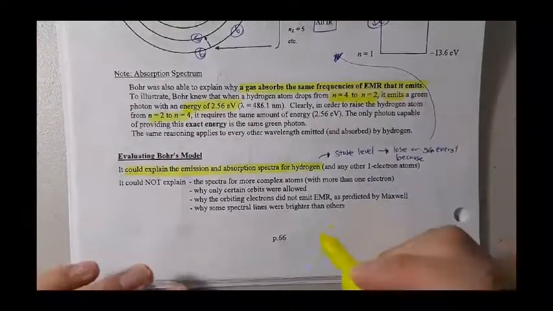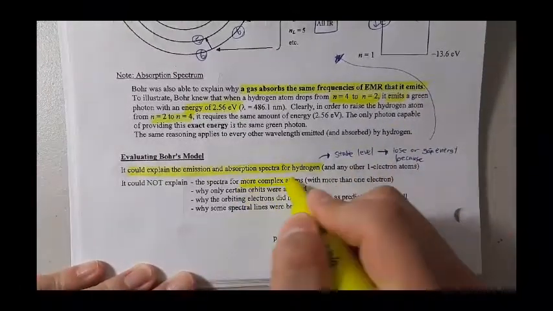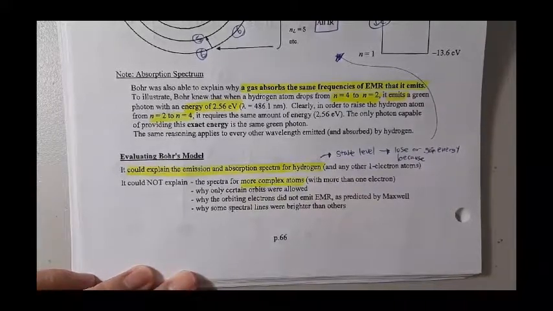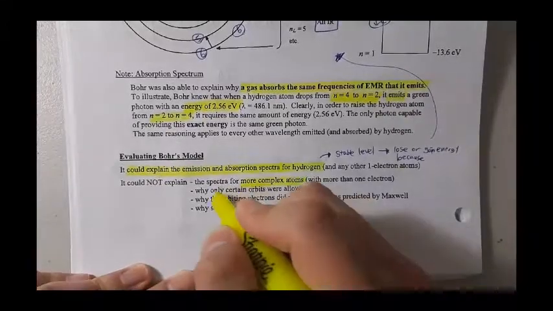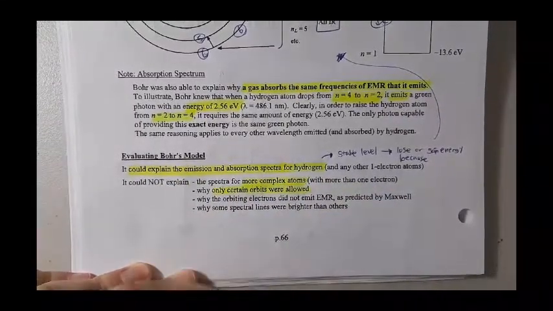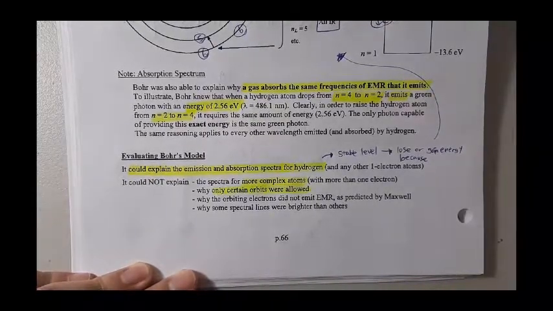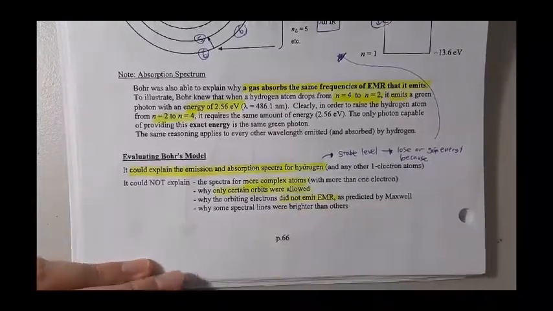Number one was the spectra for more complex atoms, with more than one electron. Hydrogen has one electron, so it was easy to calculate. But what about gold, a heavy metal? Or still, why only certain orbitals? Why not in between? Or third, why the orbiting electron did not emit EMR as predicted by Maxwell?